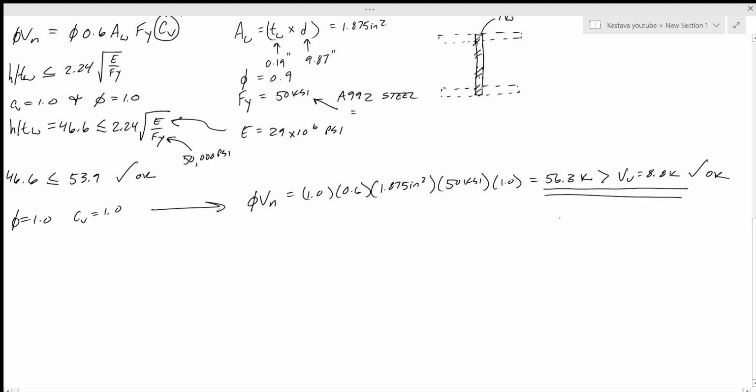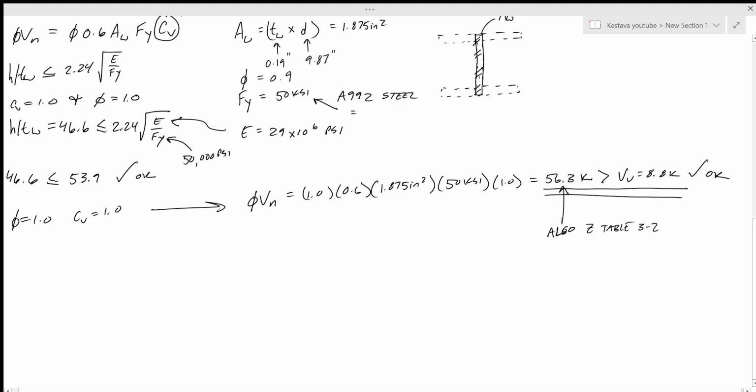And if you don't want to go through all of that, save yourself some time. You can also find this value in the Z table, which is Table 3-2 in the steel manual.